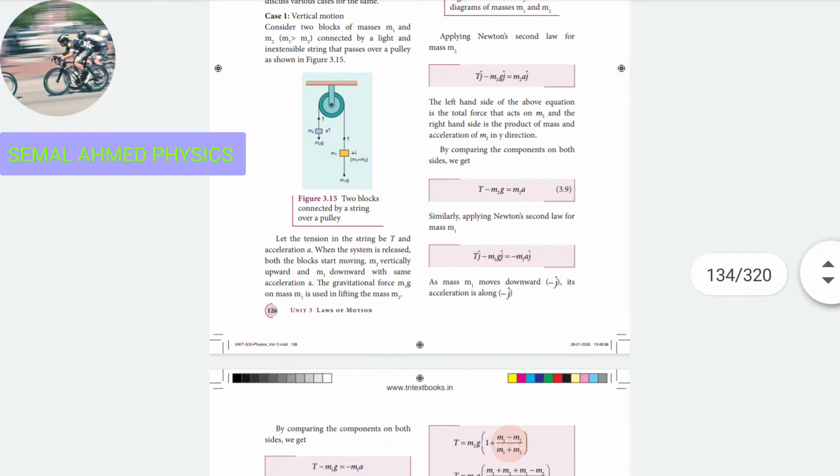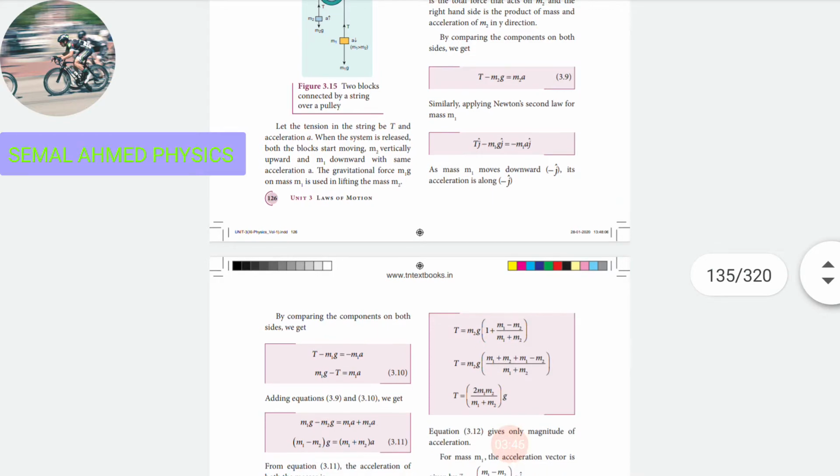Understand? Take this as equation 1. Here, given equation 3.9, you can understand this is equation 1. Now applying Newton's second law for mass m1, it becomes T minus m1g equal to minus m1a.